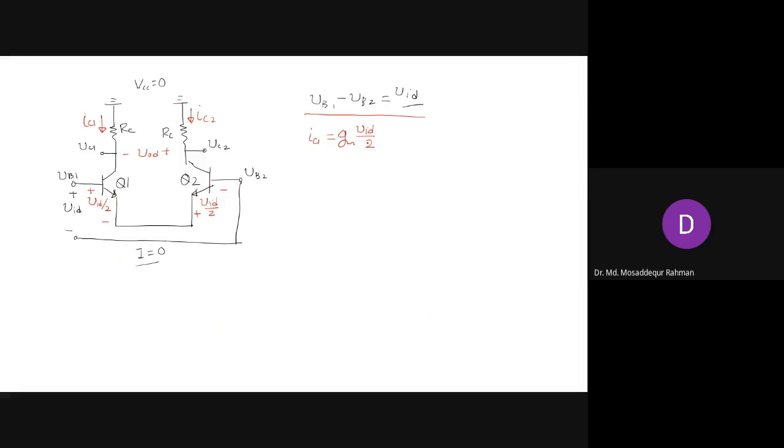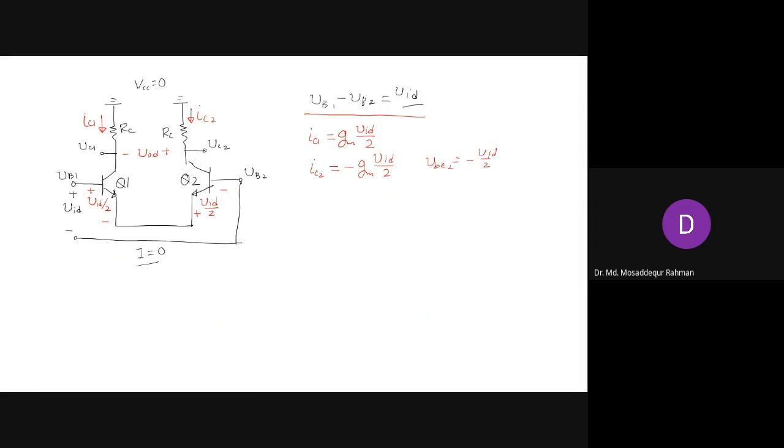And similarly, IC2 in this case will be minus GM VID by 2, because VB, the base emitter voltage for Q2, is minus VID by 2.